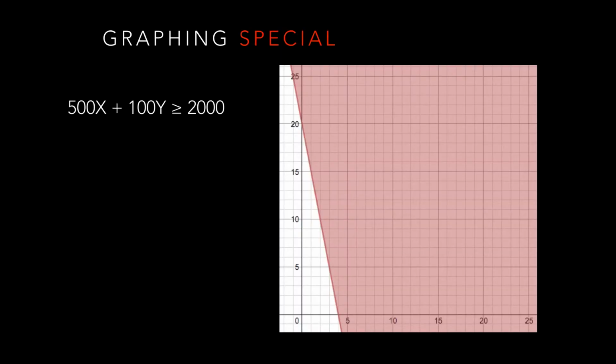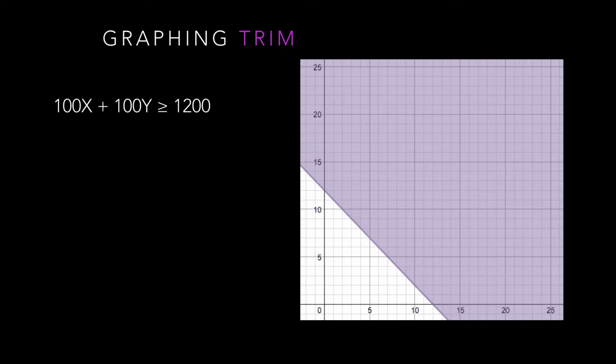Let's graph. Let's graph the special tiles: 500x plus 100y greater than or equal to 2000. Graphing the trim tile: 100x plus 100y greater than or equal to 1200.